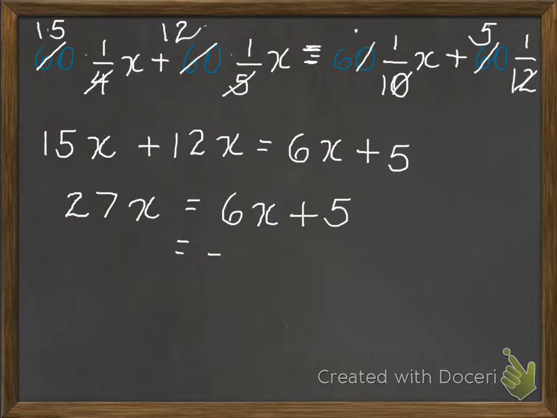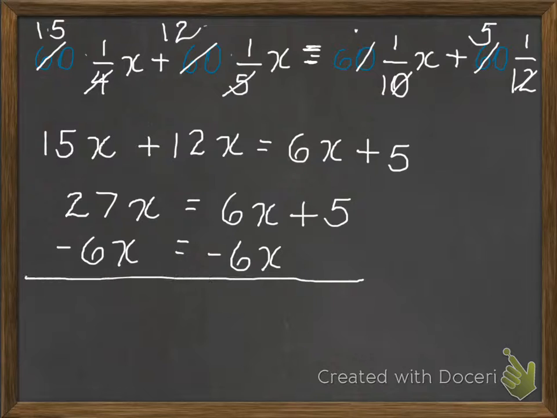Take the 6x away from both sides. The addition property of equality, right? Using opposite operations to get rid of the 6x. We have 27x minus 6x is 21x equals 5.